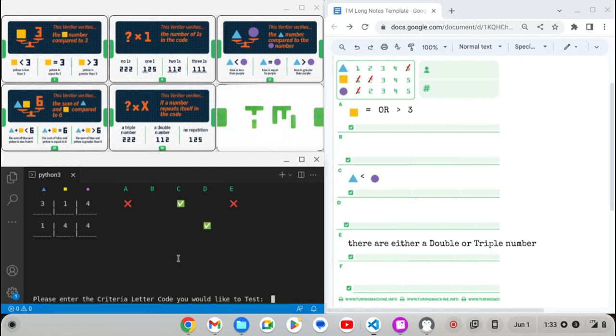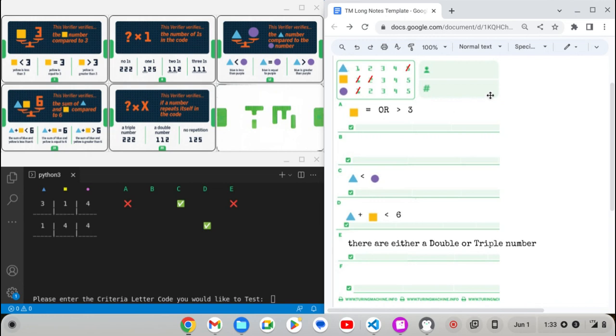Okay, so it does approve of that, so that's a great first start. So let's go ahead and write that down in our notes, that triangle plus square, in this case, the sum of 1 and 4 is 5, so that means that the sum has to be less than 6, since that's what the Turing machine is approving.